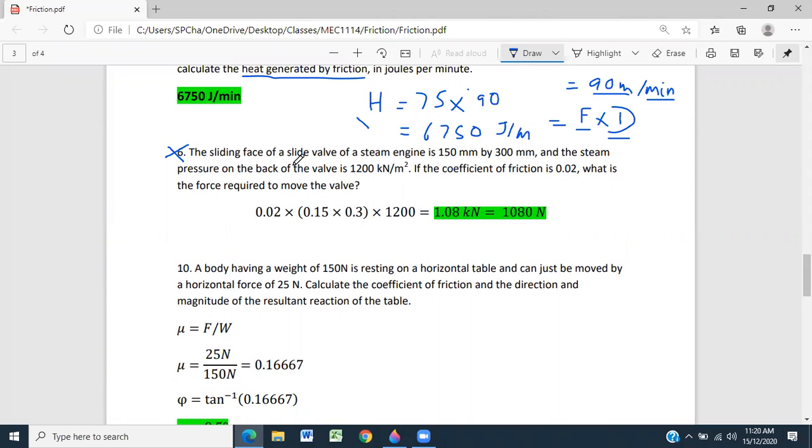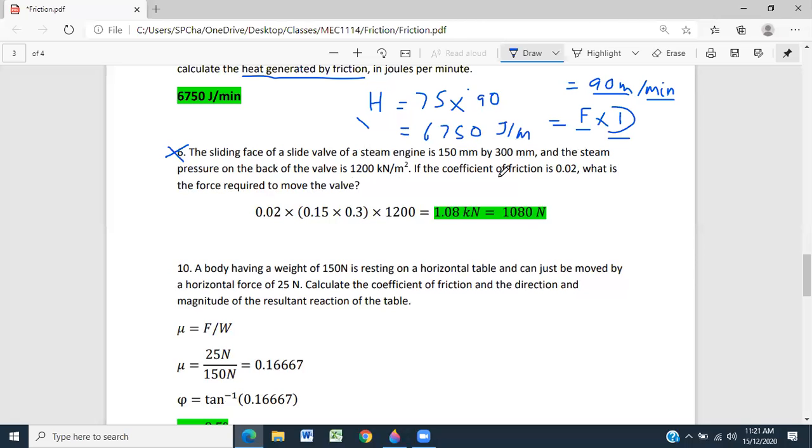The sliding face of a slide valve of a steam engine is 150 millimeters by 300 millimeters, and the steam pressure on the back of the valve is 1,200 kilonewtons per meter squared.